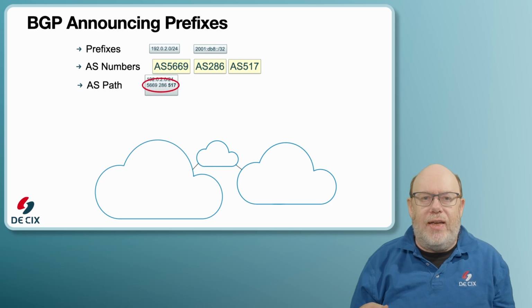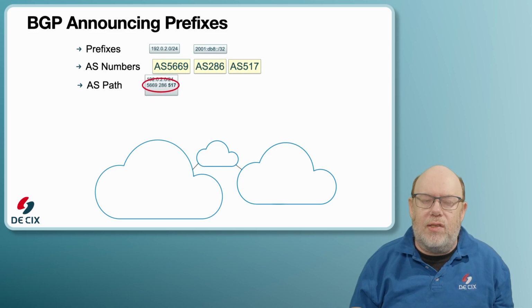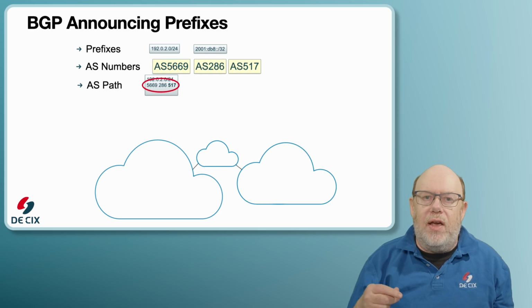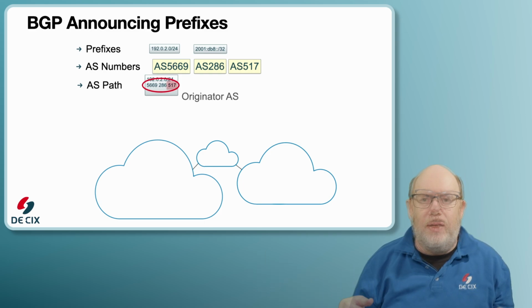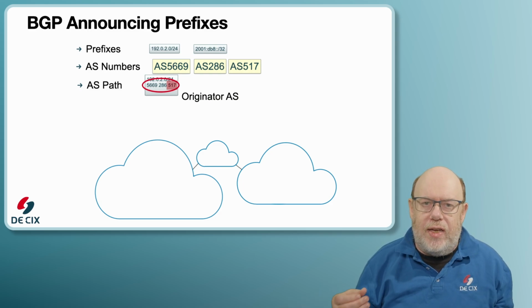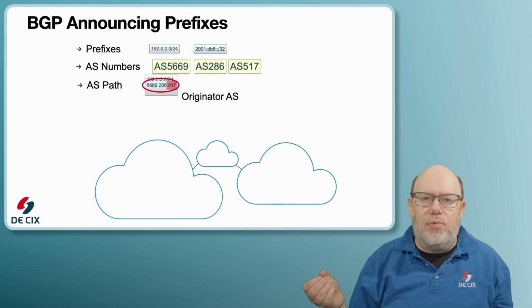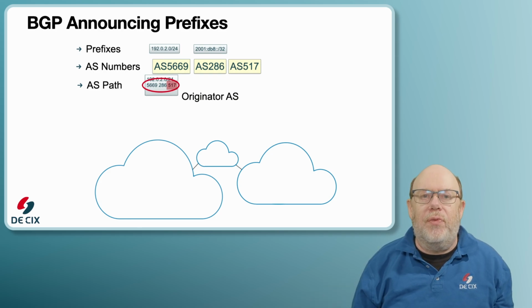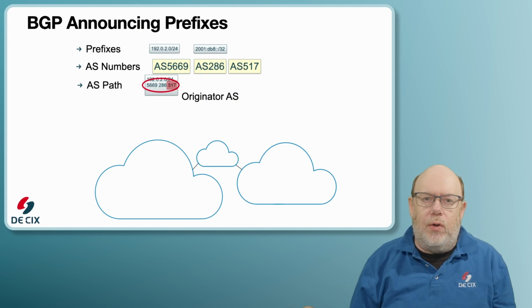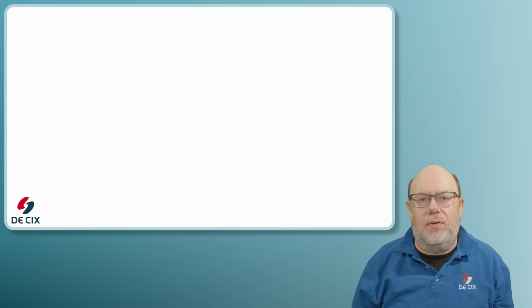And we have an AS path, and that notes all the ASs the announcement has been forwarded through. And on the right-hand side, we have the originator AS. That's where the prefix is homed, is hosted. And all the other ones are only the ones who forwarded that announcement.